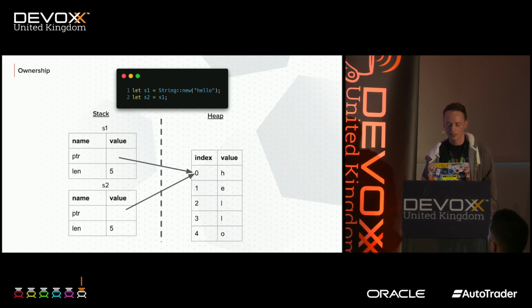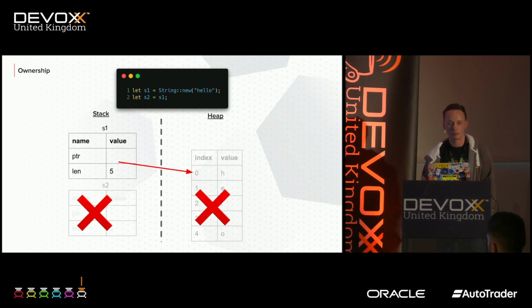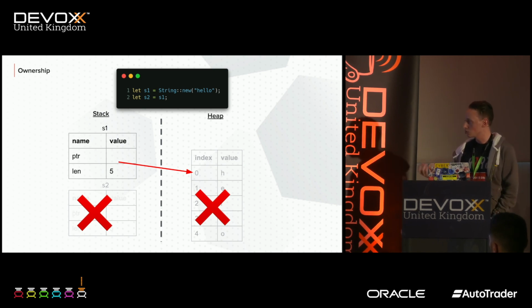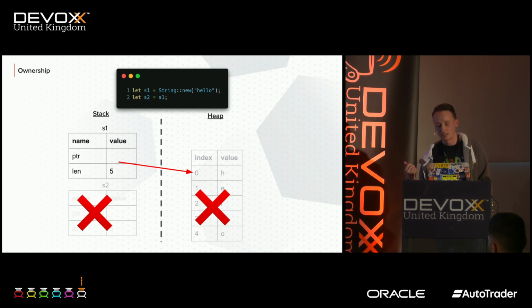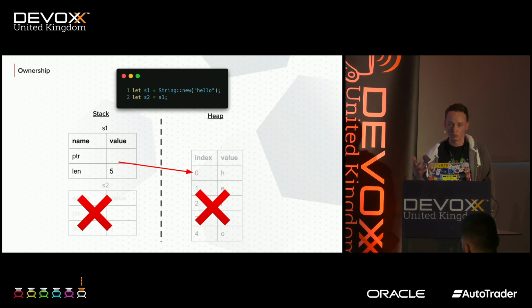The problem with that is what happens if I delete one. Now my value in the heap may have been removed, but I still have my previous variable s1, which is pointing to the same place. This is a dangling pointer, and it is a cause of an enormous amount of frustration and a lot of security vulnerabilities, because it would allow you to either delete things in memory that you shouldn't be able to delete, or to view things in memory you shouldn't be able to see, or to cause all sorts of undefined behavior and crashes.